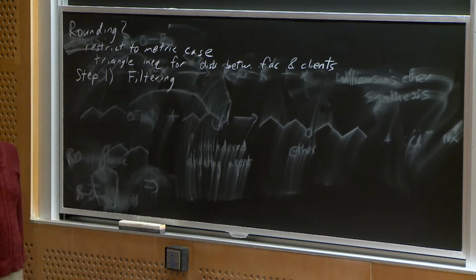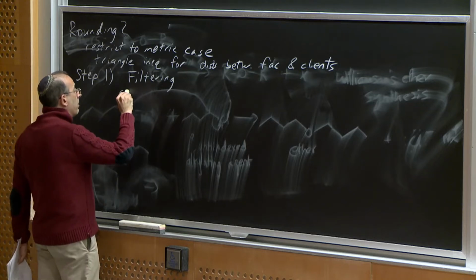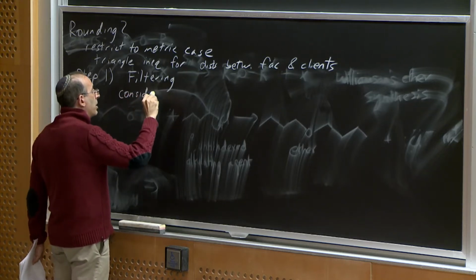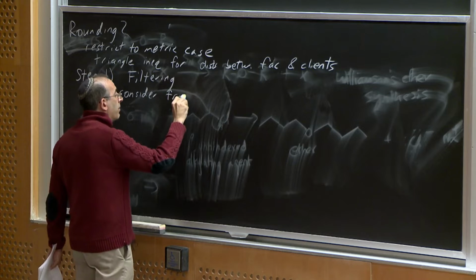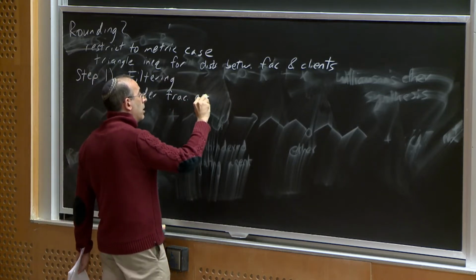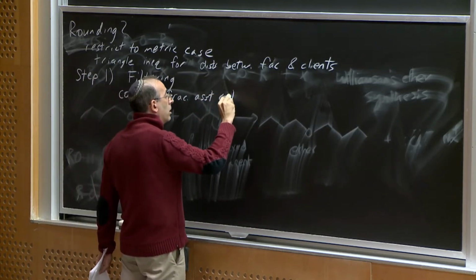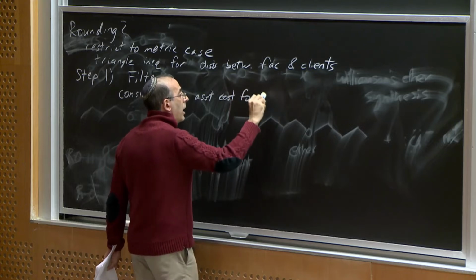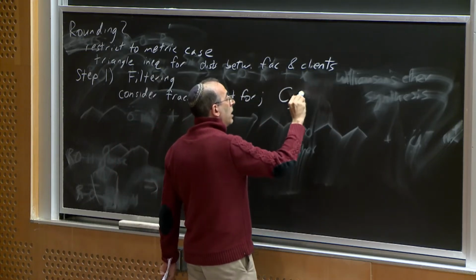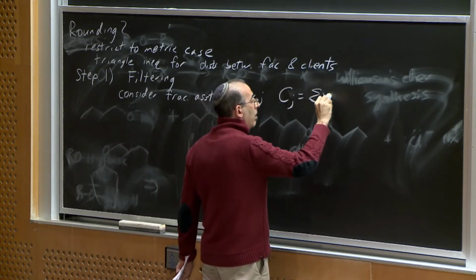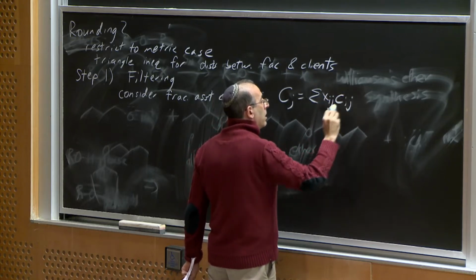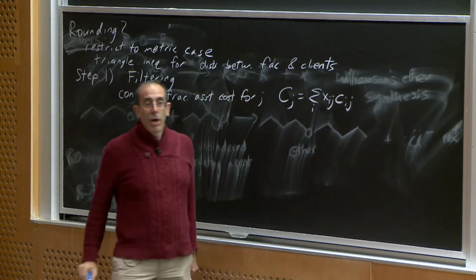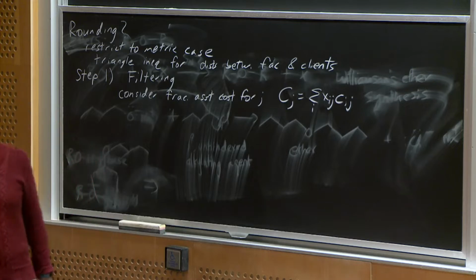And what this deals with is the fact that you can consider the fractional assignment cost for a particular client. For client j, I can write Cj just equal to the sum of xij times Cij over all i. Okay?